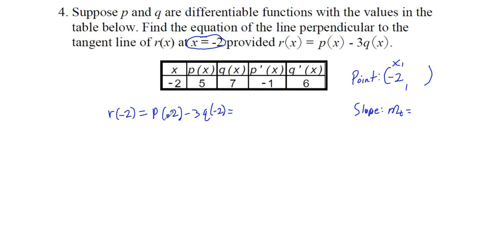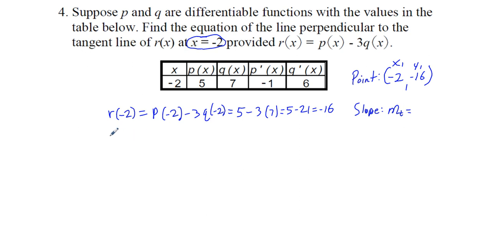And now we can just put what they are here. So p of -2 is going to be 5. So we have 5 minus 3 times q of -2. Well, q of -2 is 7. So we have 5 minus 21 equals -16. So -16 is what goes in here as our y1.